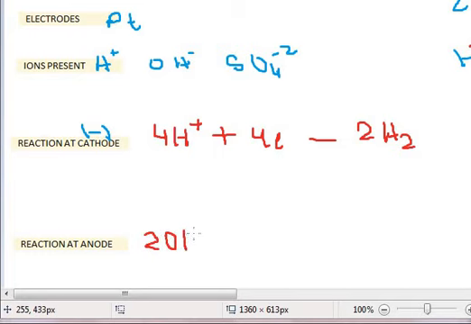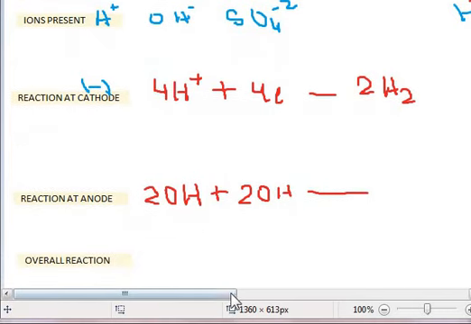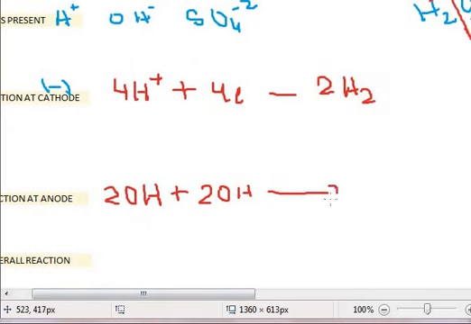Now this you have to remember: 2 hydroxyl ions combine with other 2 hydroxyl ions, lose their electrons and give 2 molecules of water and 1 molecule of oxygen.